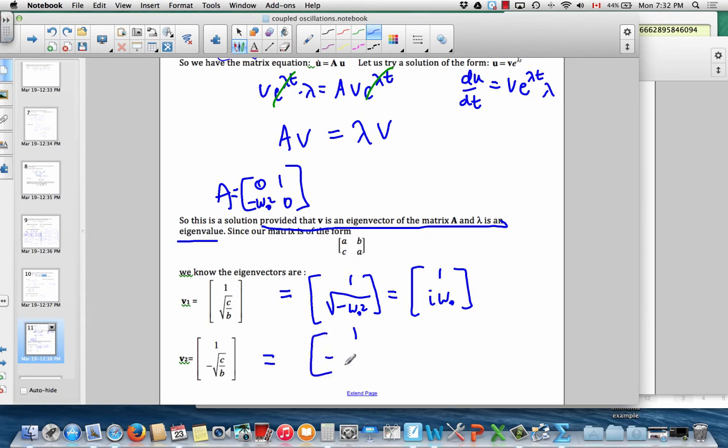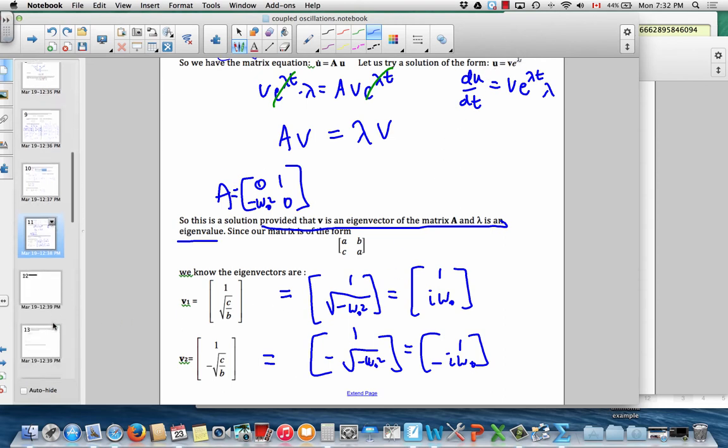C over B is minus omega naught squared over 1, or just minus omega naught squared. The root of omega naught squared is just omega naught, and then the root of minus 1 is just i. Excuse me. So these are the eigenvectors for this matrix A.